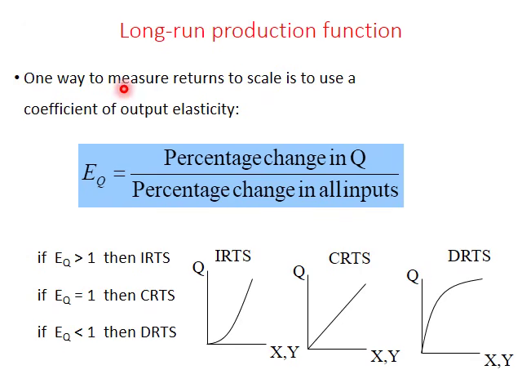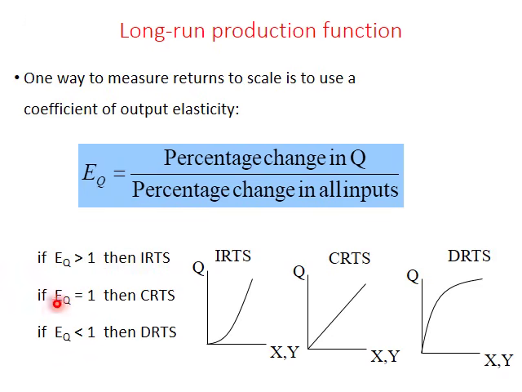And the other point is, in the long run, in order to measure return to scale, we can use the coefficient of output elasticity. The coefficient of output elasticity can be expressed as the percentage change in quantity divided by the percentage change in all inputs. If the coefficient of elasticity is greater than 1, then the return to scale is increasing return to scale.